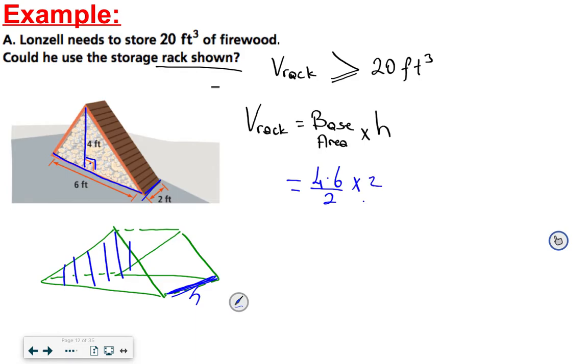If you simplify this, you will get 4 times 3 is 12 times 2, which is equal to 24 cubic feet. As you see here, this is the volume of rack. And the volume of rack is greater than the 20 cubic feet, so then Lonzel can store this firewood into this rack.